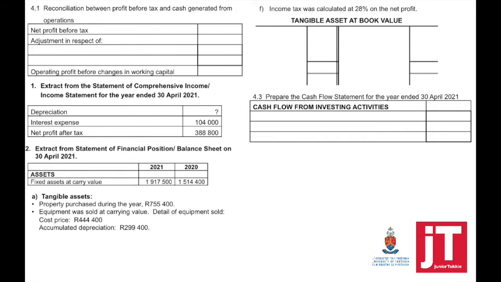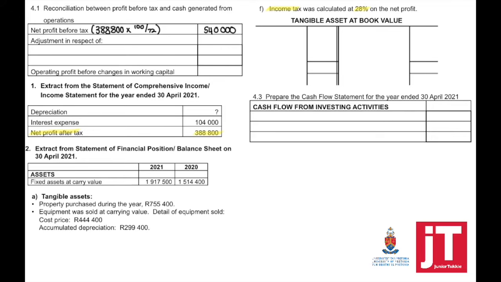If we look at our additional information, income tax was calculated at 28% of the net profit. This means to calculate my net profit before tax, we need to take 100 divided by 72. And that will provide us with the net profit before tax. A hint: the net profit before tax can never be less than the net profit after tax.